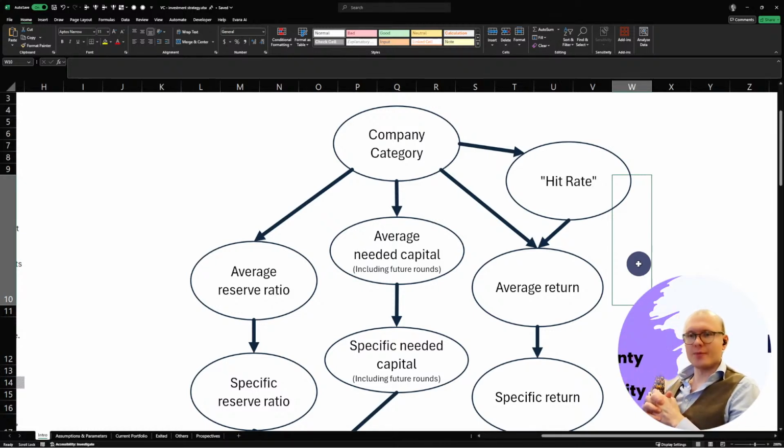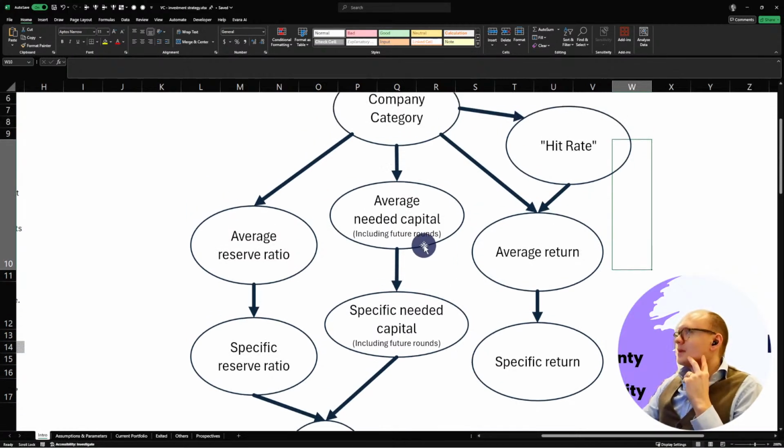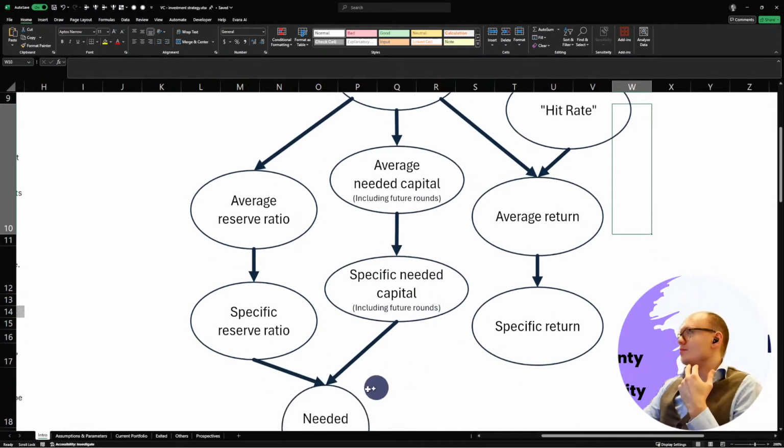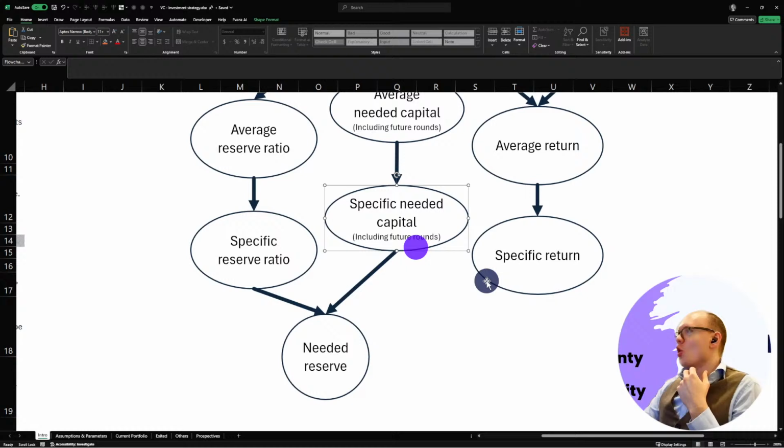Now, one thing to consider is that eventually, since we're going to be doing this and essentially make this prediction for every single individual company in our portfolio, but also the ones that will not be in our portfolio, but outside the portfolio that we are considering to invest into, as well as the previous investments that may not have turned out as much in our favor. That means we want to condition on exactly all of these kind of numbers.